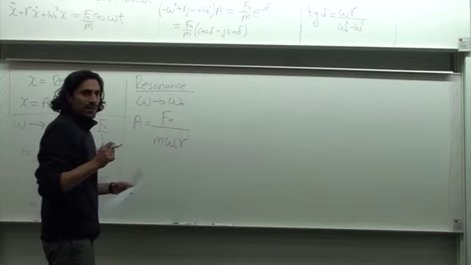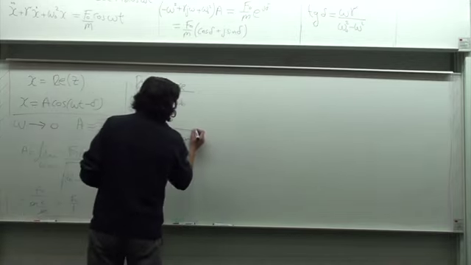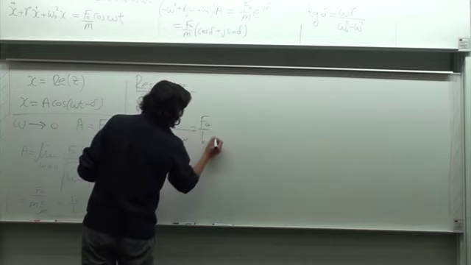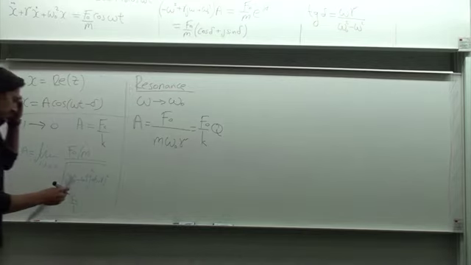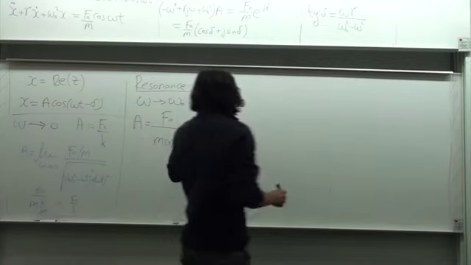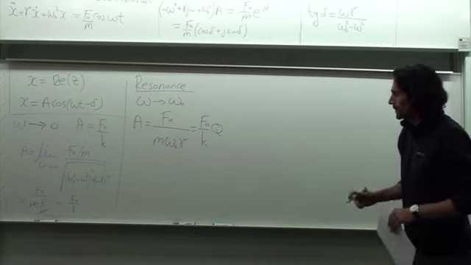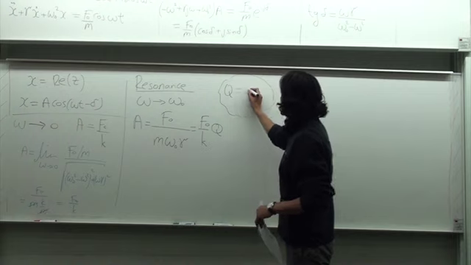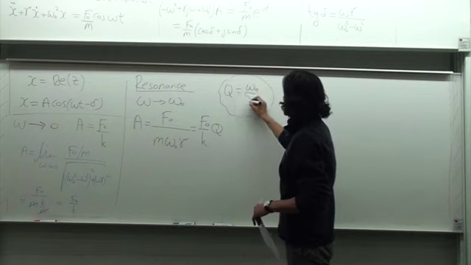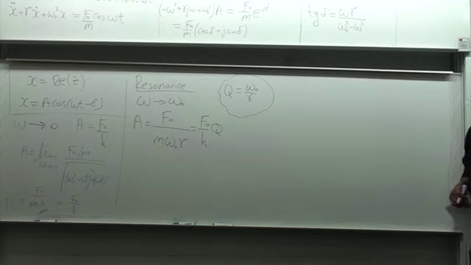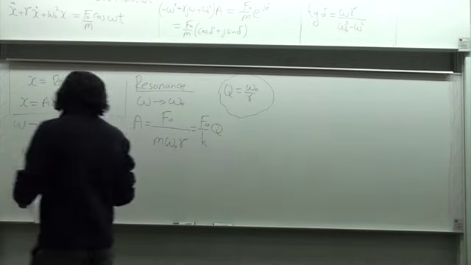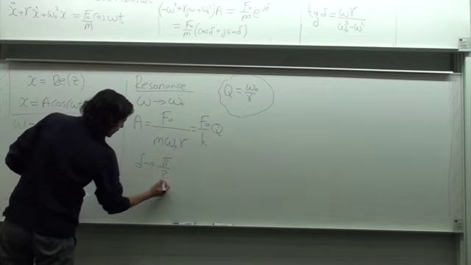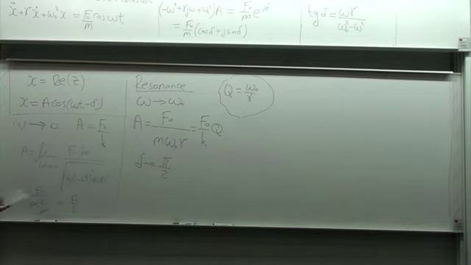And if you remember the quality factor that we talked about last time, we can also write F0 over K times Q. Because Q is omega 0 over gamma. Right? Put it here. Q is omega 0 over gamma. And delta would be tending to pi over 2. This is the resonance case.